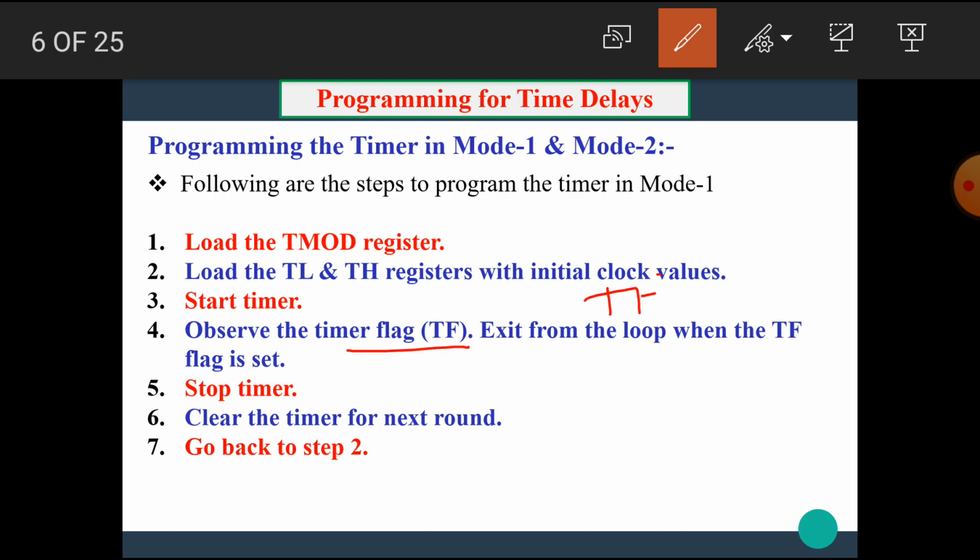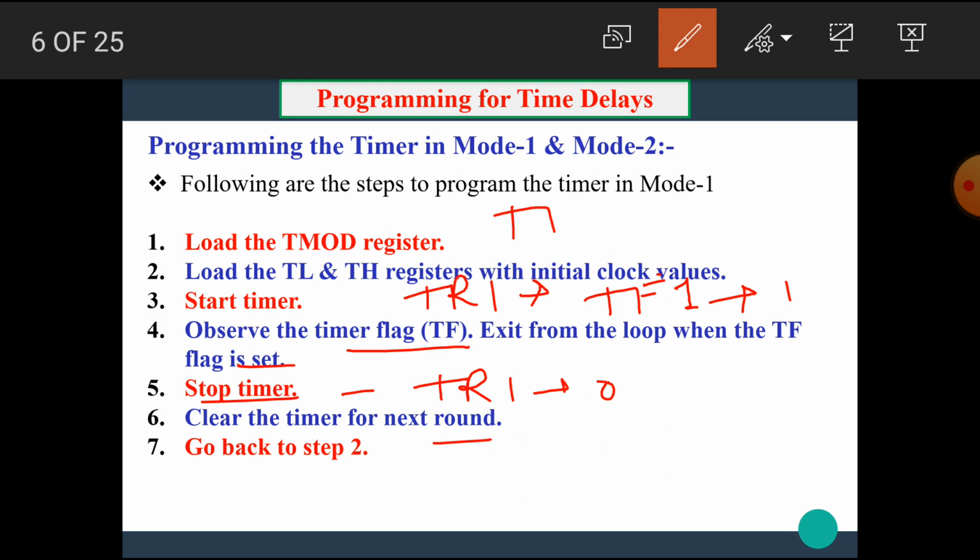That means if we started timer 1 by setting the TR1 bit, then monitor the TF1 flag. If the TF1 flag overflows, that means the TF1 flag is set, then stop the timer. That means in this state make the TR1 bit 0. Okay, then clear the timer flag for the next round.